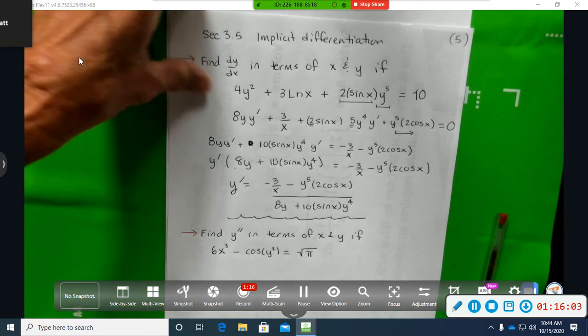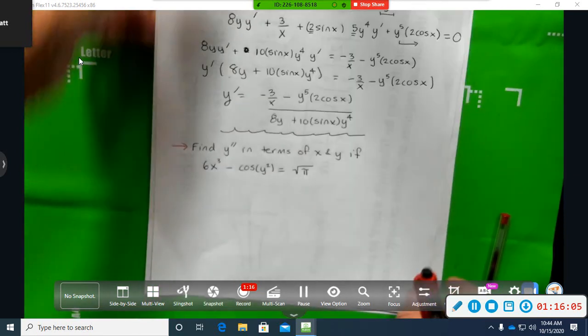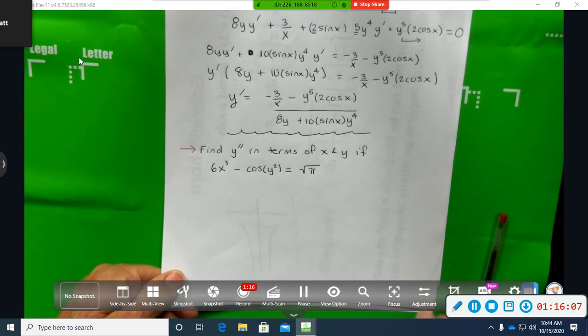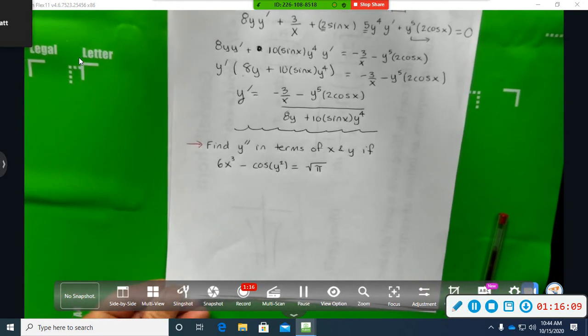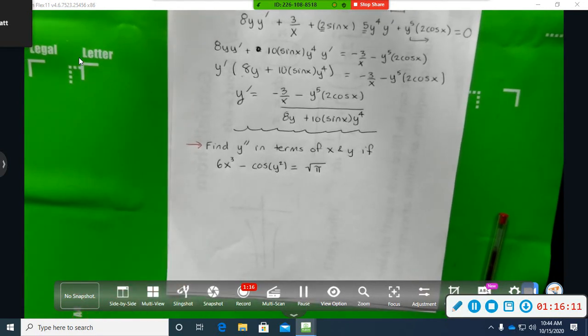And you know you start the same way. You first get y prime in terms of x and y. Then you start from there and take the derivative of both sides to get y double prime.